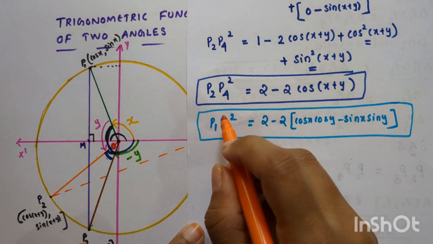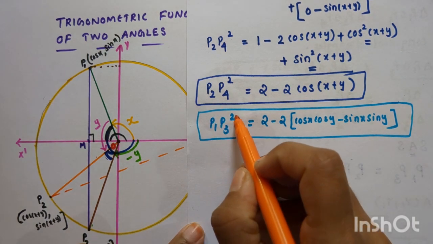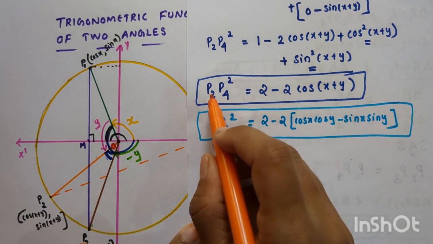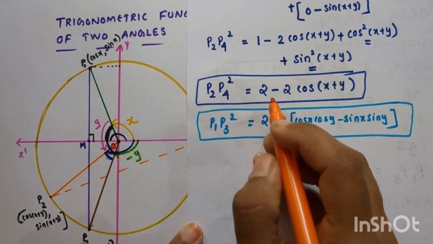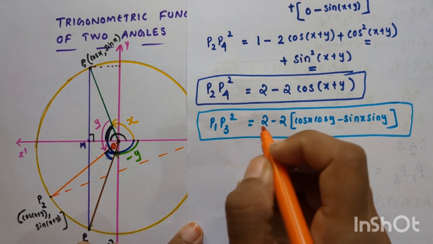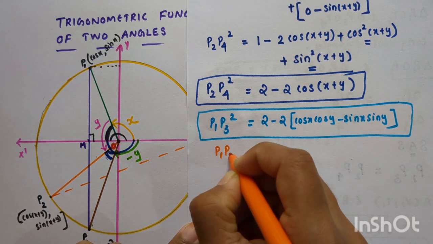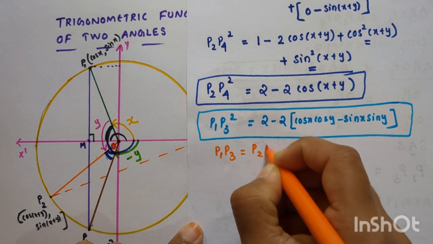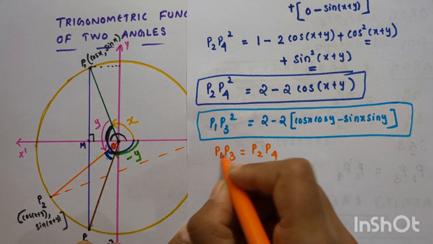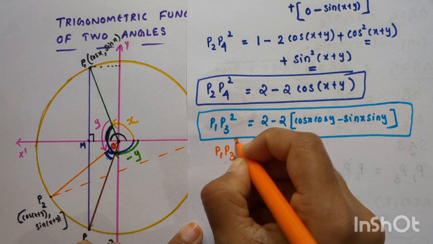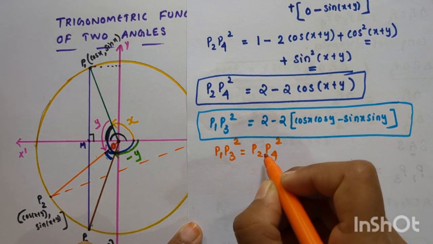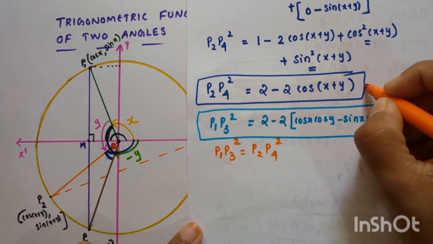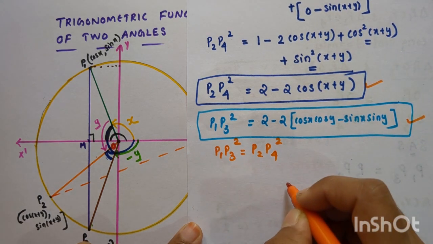So here you see, we already got P1P3 square as this and P2P4 square as this. Since the two triangles are congruent, we said that the third side must also be equal. That is, P1P3 will be equal to P2P4, so square of P1P3 will be equal to square of P2P4. That is, these two equations will be equal.